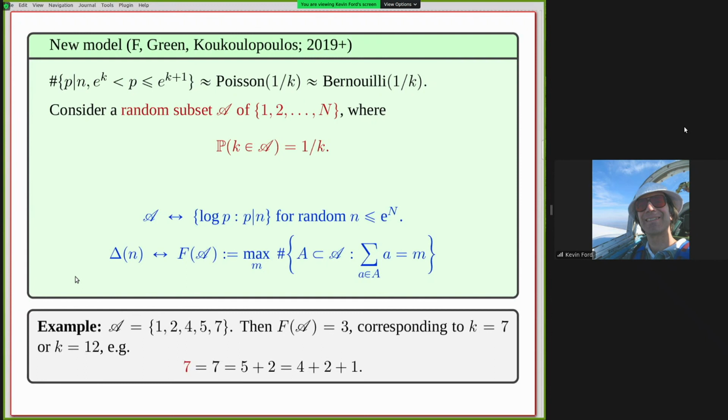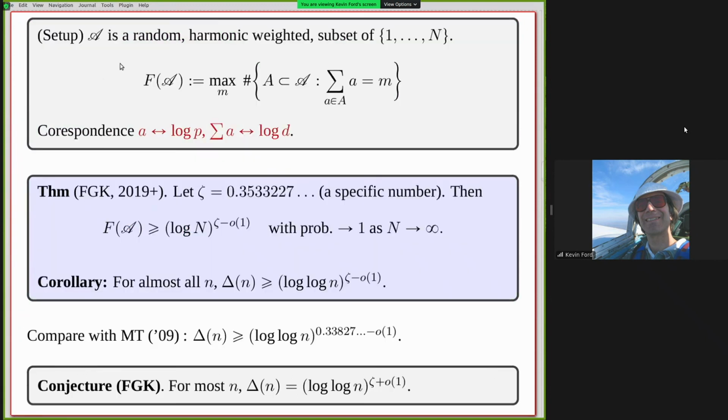All right. So what can we prove about this? Again, here's the setup. Each element of A corresponds to a logarithm of a prime, and sums of these correspond to logarithms of divisors. So our new theorem is that, for this particular number here, the concentration function of our random set is larger than log n to this exponent with high probability.